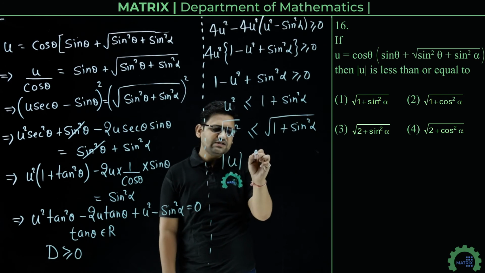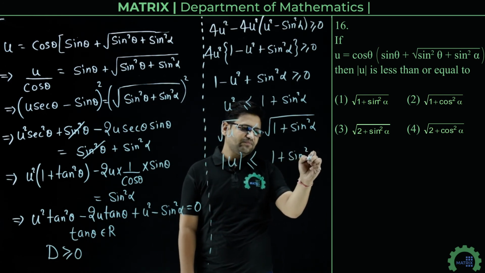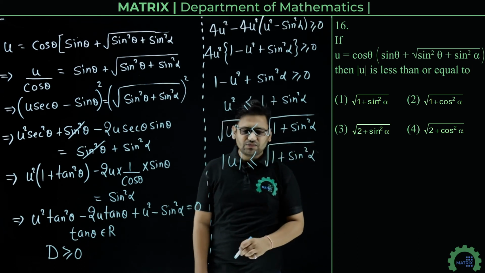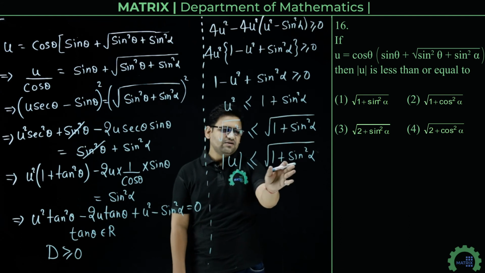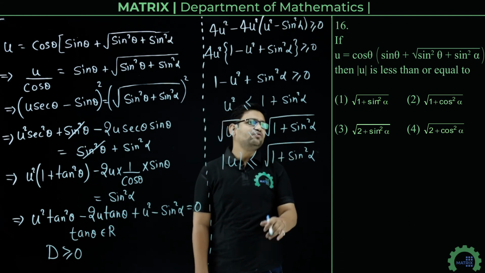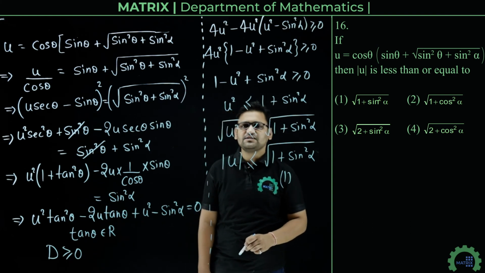So mod u is less than or equal to 1 plus sine square alpha whole square root, which is option number first. So option first is the correct answer.